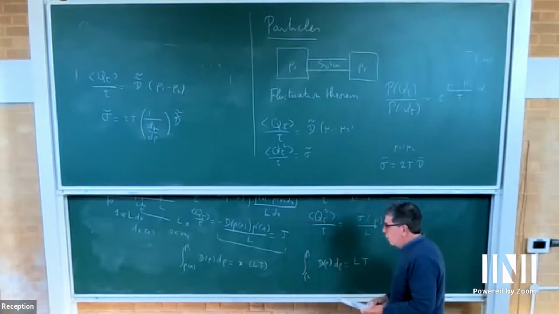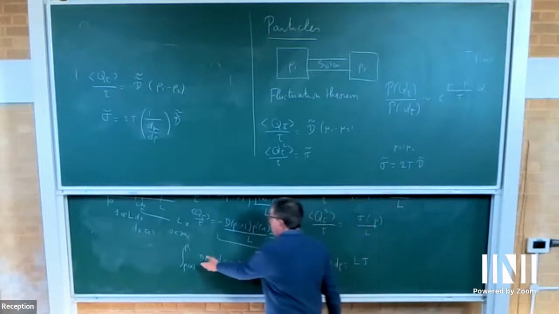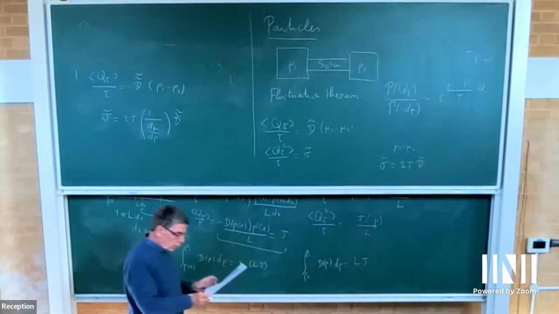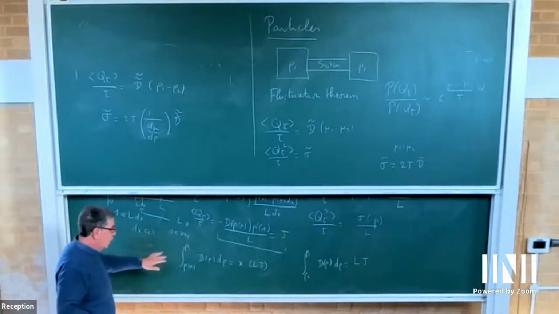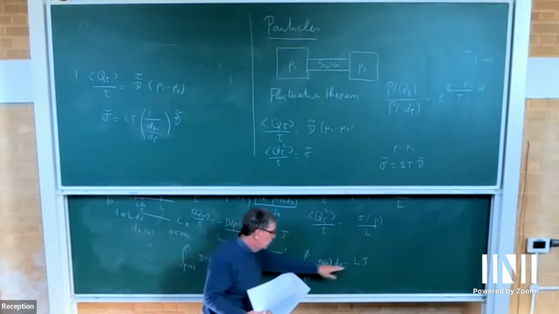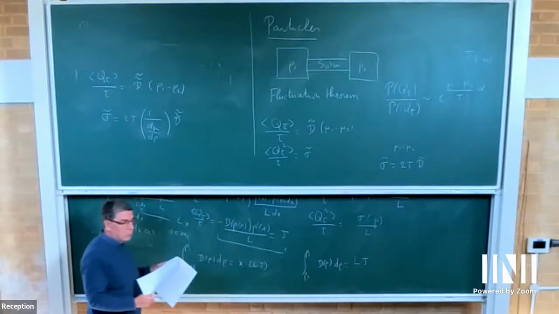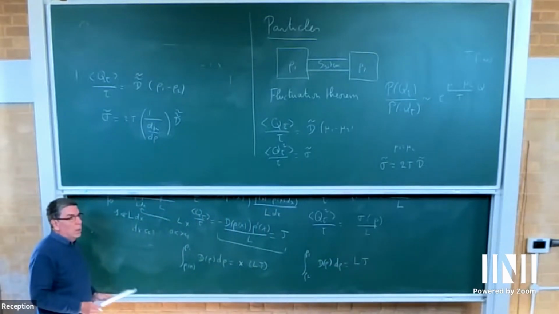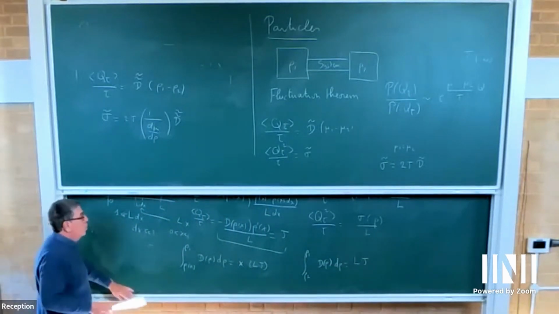So this is the profile, whatever system you have. If it is diffusive, you get the profile. You can get J from here, and then you get the profile from that. Okay, so this is what I have done here.